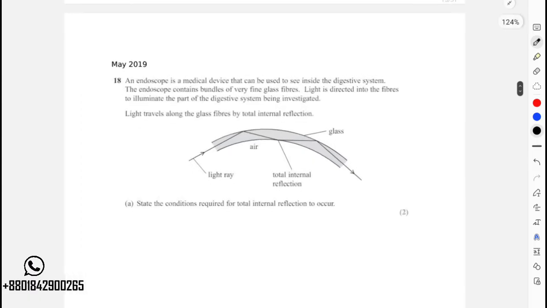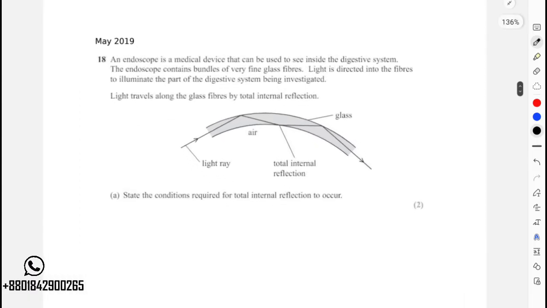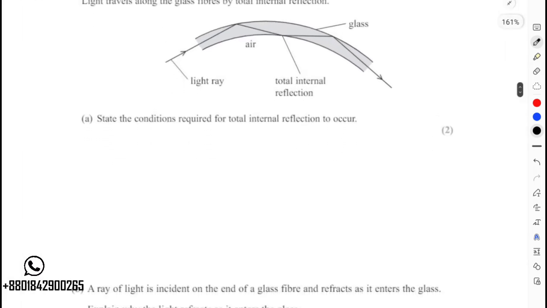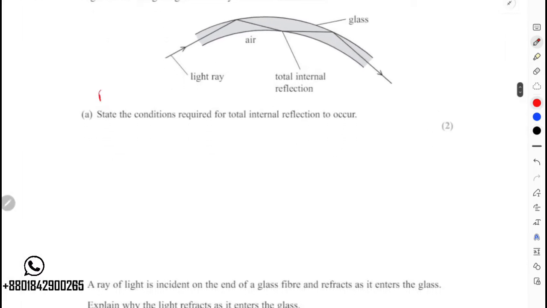Now over here it says, state the conditions required for total internal reflection to occur. We have seen this right before in the MCQ section, that angle of incidence must be greater than critical angle, and light must travel from a higher dense medium to a lower dense medium, right? So we're going to write this. This is a very much repeated question.